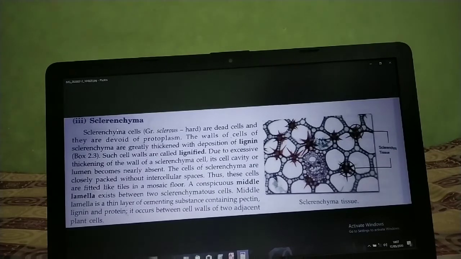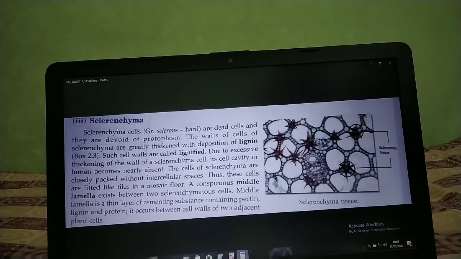Such cell walls are called lignified. Due to excessive thickening of the wall of a sclerenchyma cell, its cell cavity or lumen becomes nearly absent. The cells of sclerenchyma are closely packed without intercellular spaces.